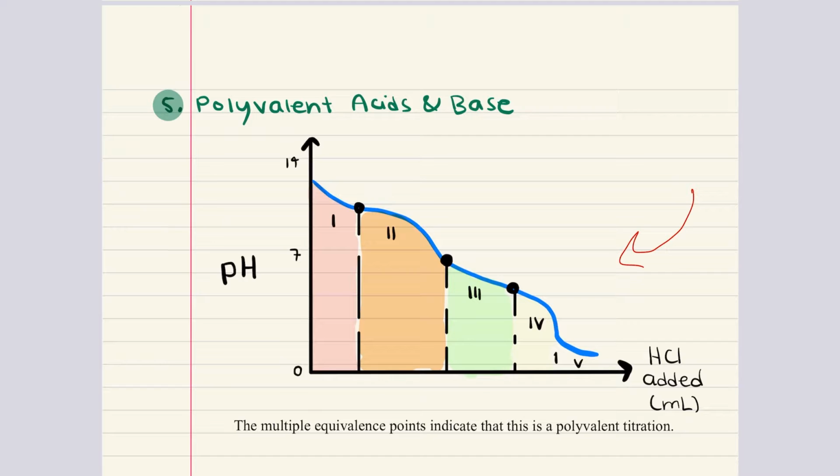Now, the pH curve for a polyvalent acid or base shows multiple stages, again, each stage indicating the successive removal or addition of protons. And this curve typically starts at a low pH for acids or a high pH for bases, and it changes gradually with distinct jumps at the equivalence point.